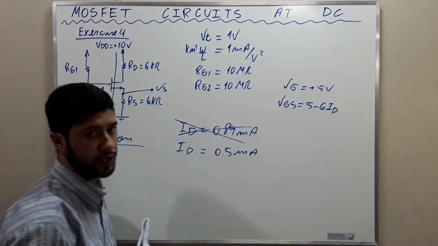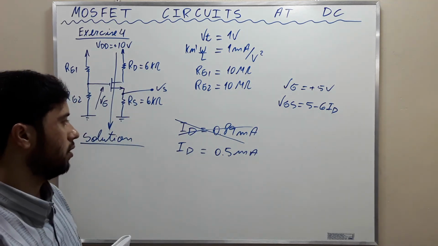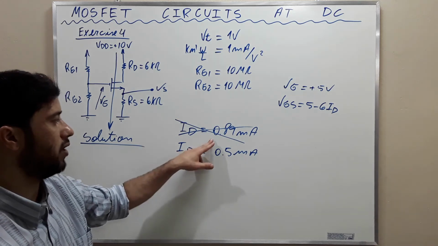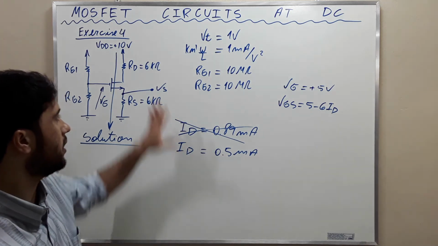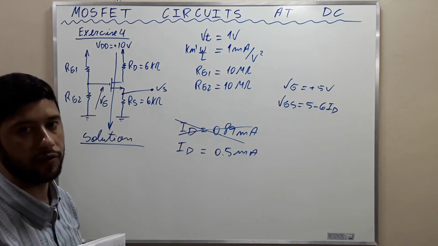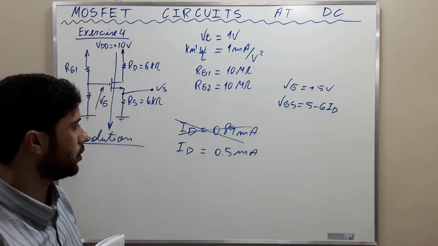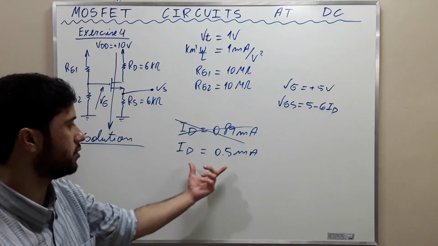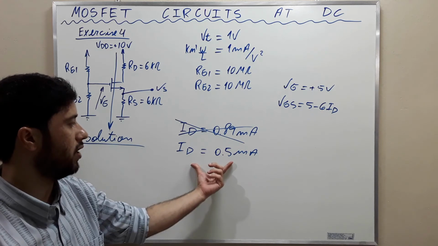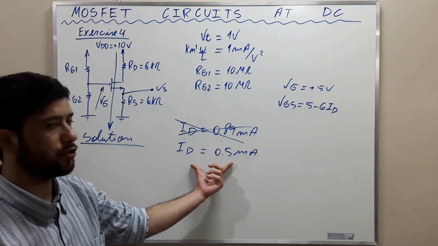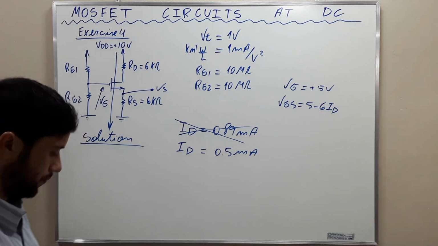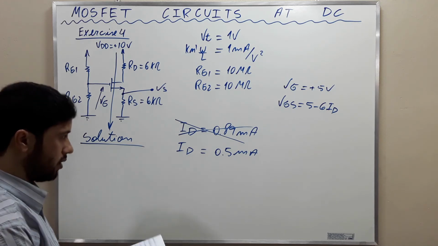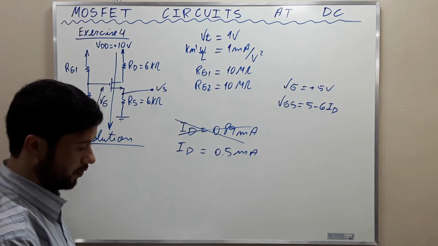You can check yourself. Use that value and you're going to see that everything that we calculated does not hold true. Then the only value that we're going to work with is this one, and this is the only one that makes physical sense.